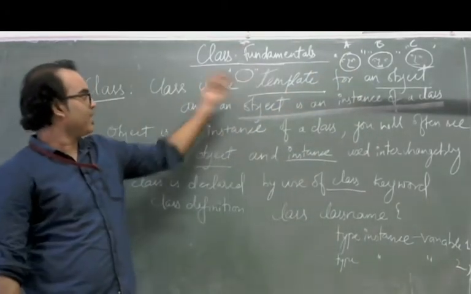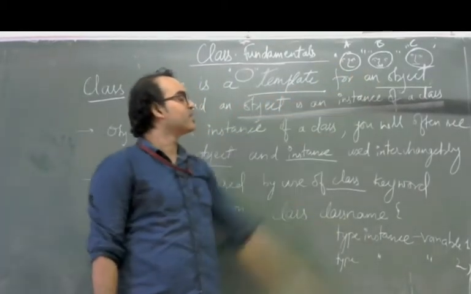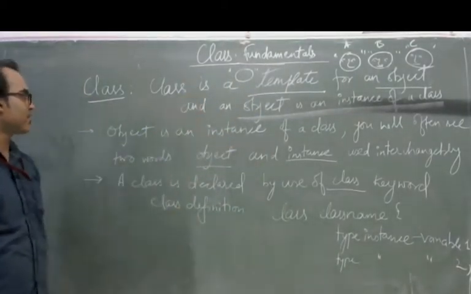After getting a template in a class, we have these objects A, B, C, which are instances of this class template.